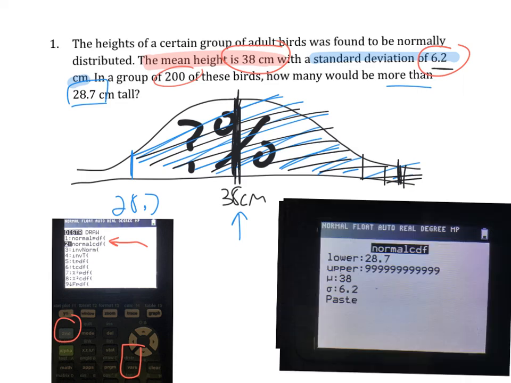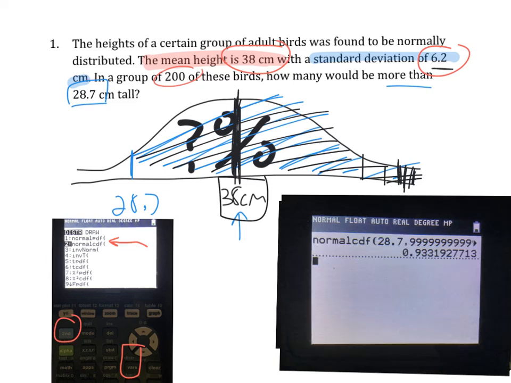It's really not going to make that big of a difference how big of an upper bound you give it, because any bird that's 60, 70 centimeters tall is such a small percentage that it really won't change your value. So what I always tell students to do when you need an upper limit is just to make it all 9s. It's not really going to throw off the percentage that much.